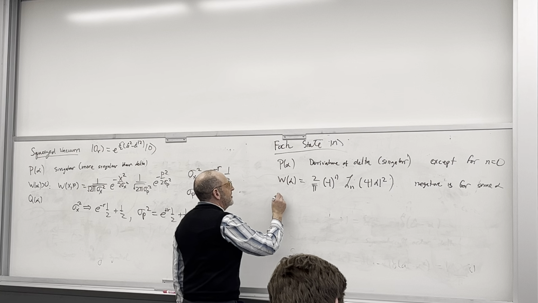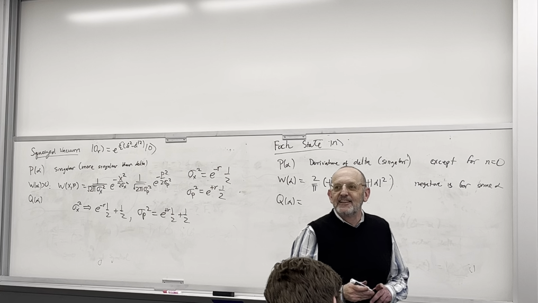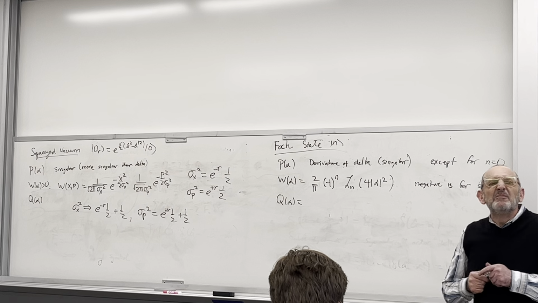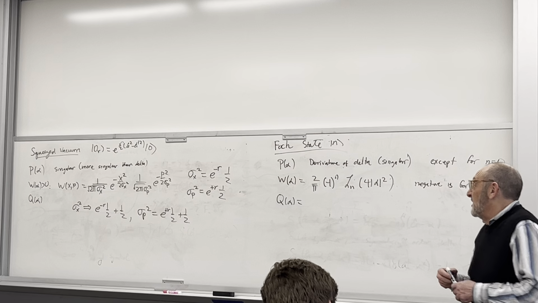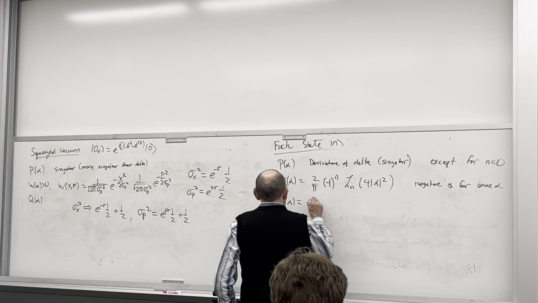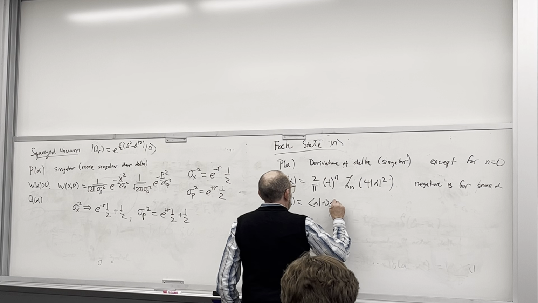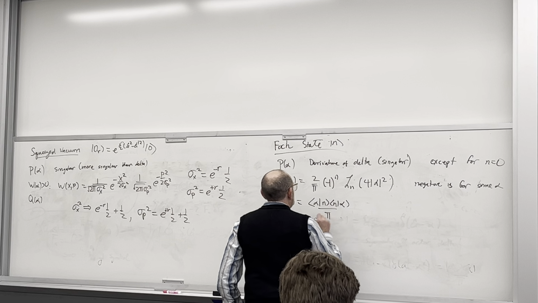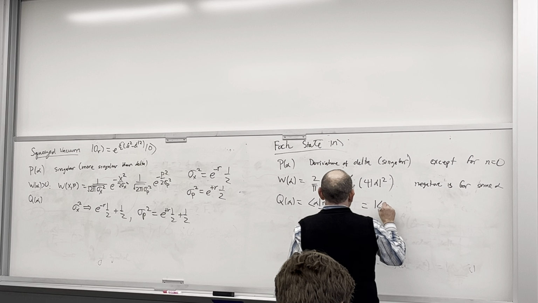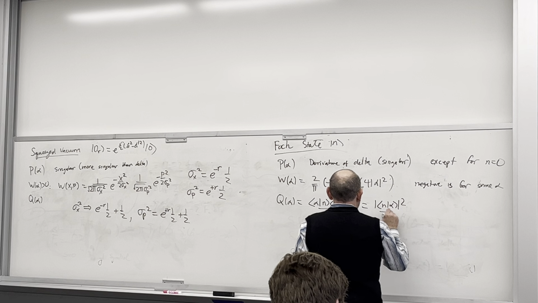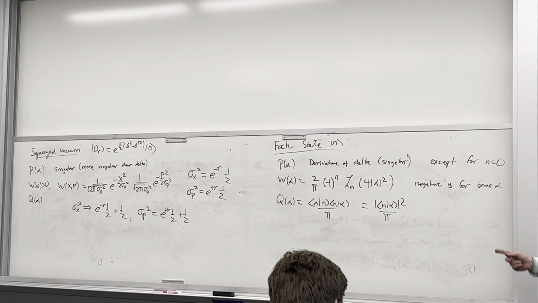What about the Q function? How would you calculate it? Well, this one's easy, right? Because by definition, it is this, which is equal to that. But how do you calculate that?